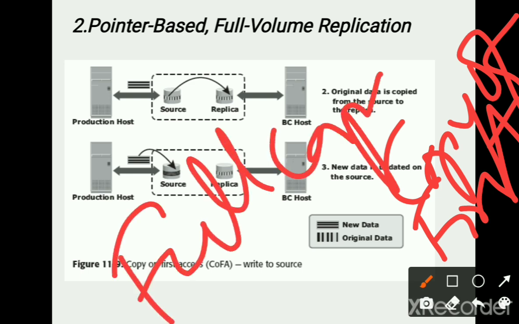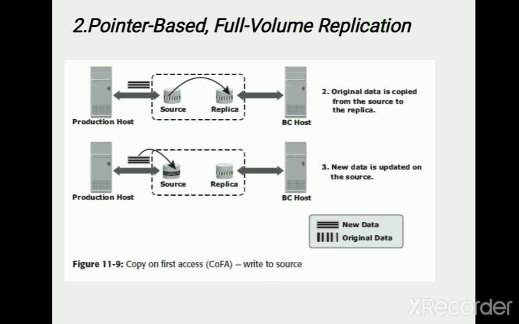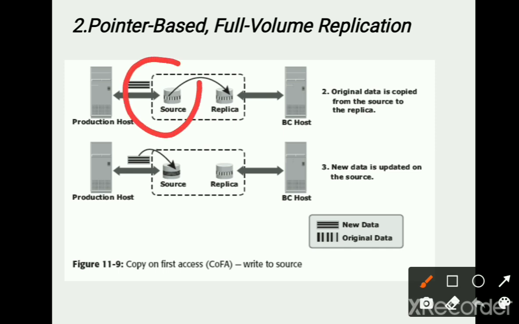This is the way the data is copied from the source to the target. In this diagram you can check that the source already has the data. This data is mirrored into the replica, which is still not being utilized by the target. So the original data is copied from the source to the replica.